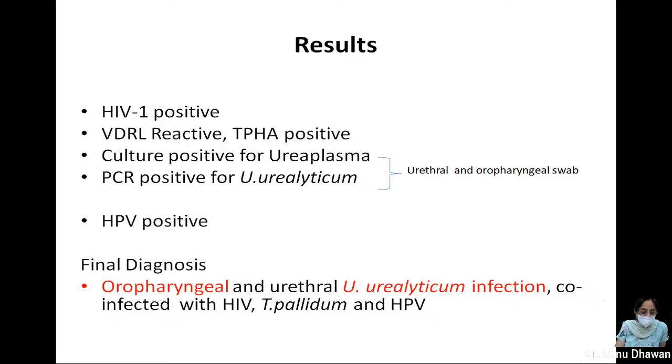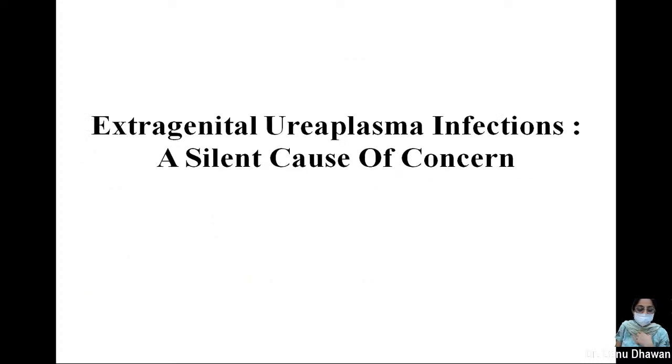So here we had a patient who had oropharyngeal and urethral Ureaplasma infection co-infected with HIV, Treponema pallidum, and human papillomavirus, to show how often co-infections with STIs occur in patients.